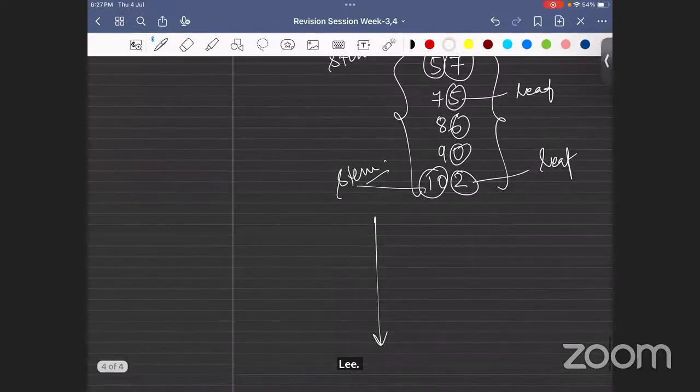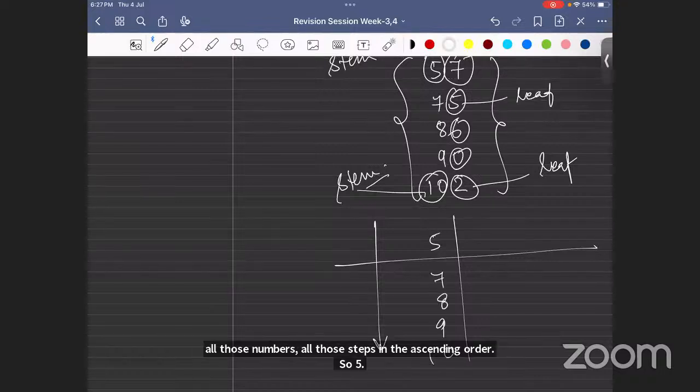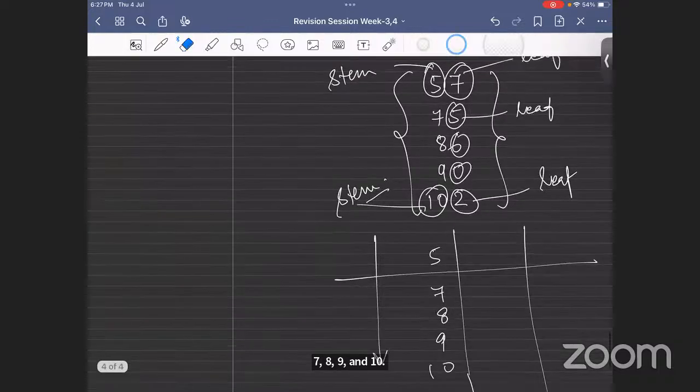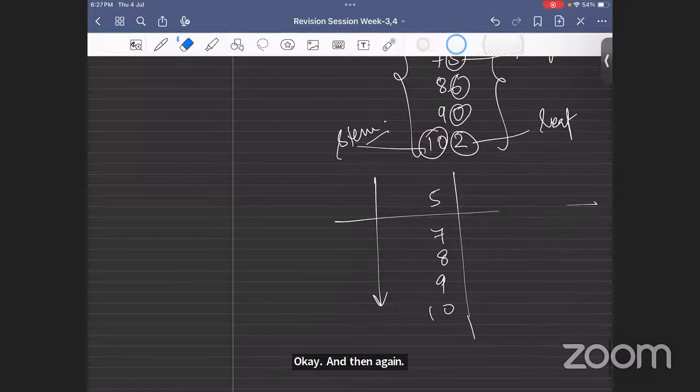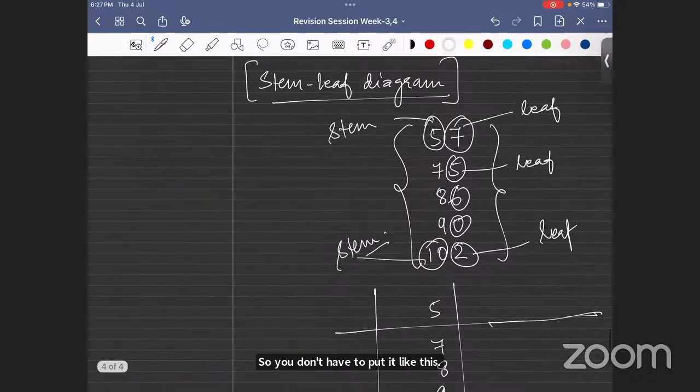If you have to plot it here, you start with 5 because 5 is the smallest one, and then we put all the stems in ascending order. So 5, 7, 8, 9, and 10. The next part you'll be writing in, let's say the other values are also there, 58, 55, 56.